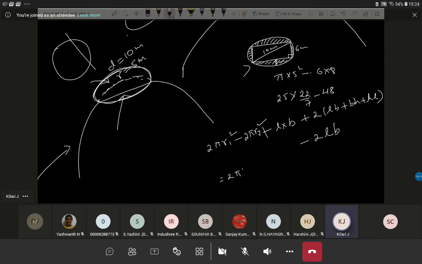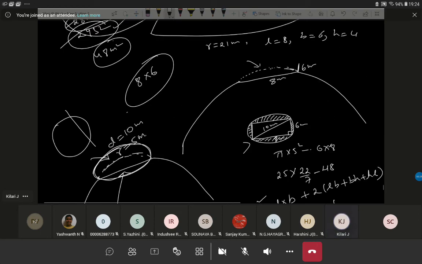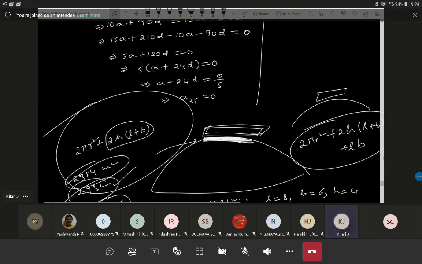Then we are getting 2πR1 square minus, what is the time now? Okay, time is there, 6 minutes. Here, take 2π common. R1 square means, what is the radius of the dome?